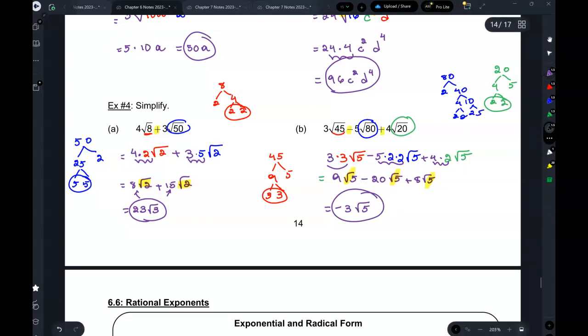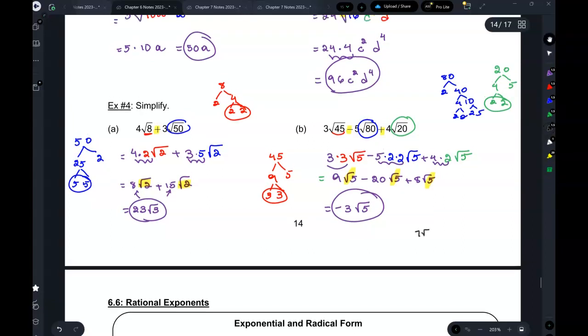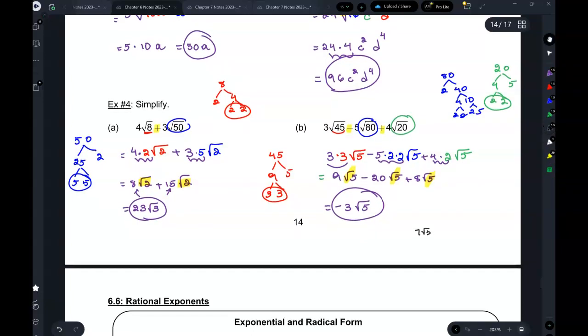Sometimes you might simplify and you might end up with something like 7 root 5. Oops. My goodness, why can't I? Okay, you might end up with, let's say, 7 root 5. Oh my gosh, I can't write all of a sudden.